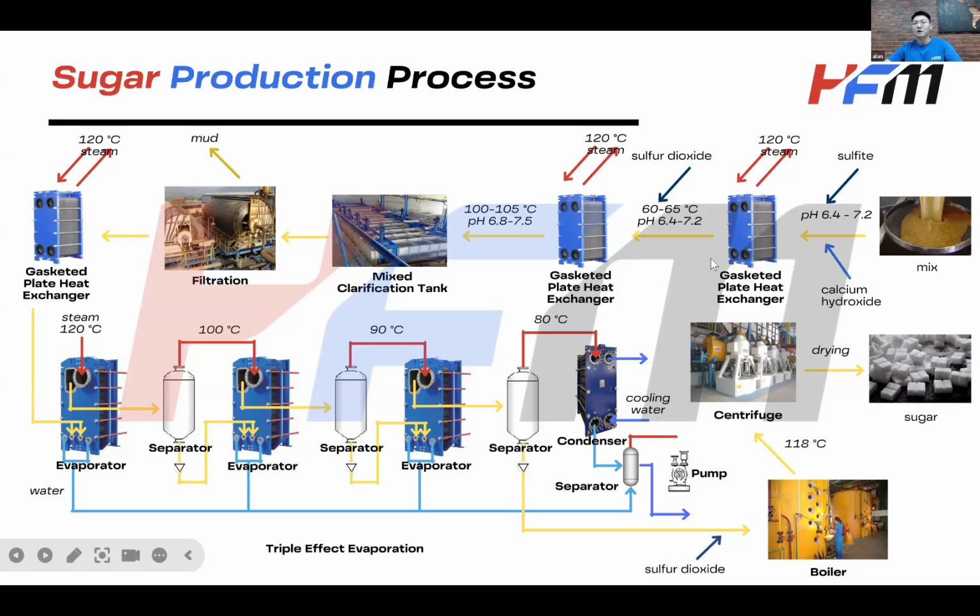Next, it is heated up step by step to 100 degrees Celsius using, in this case, 2 PHE units. You may wonder why we use 2 PHE units to heat it up step by step instead of using only 1 unit to heat it directly to 100 degrees Celsius. So Guido, could you please give us some explanation on that?